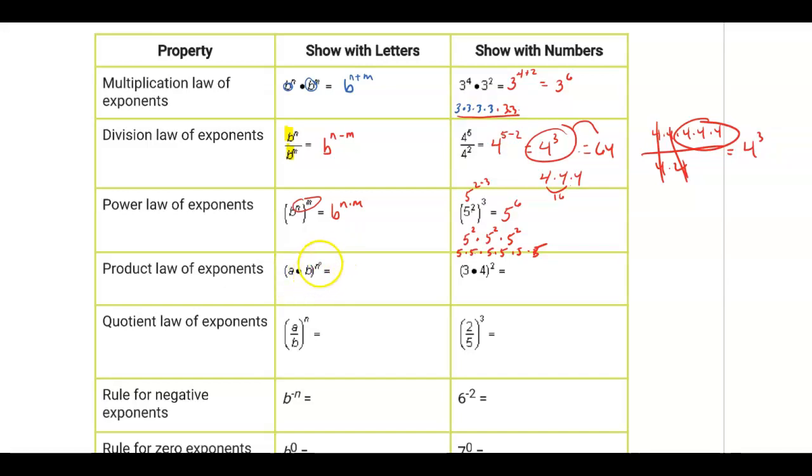When I have a times b to the n, I can basically raise each number inside the parentheses to that exponent. So here this would be 3 squared times 4 squared. If I wanted, I could leave it like that or simplify it to 9 times 16, which would give me 144. The quotient law, right?